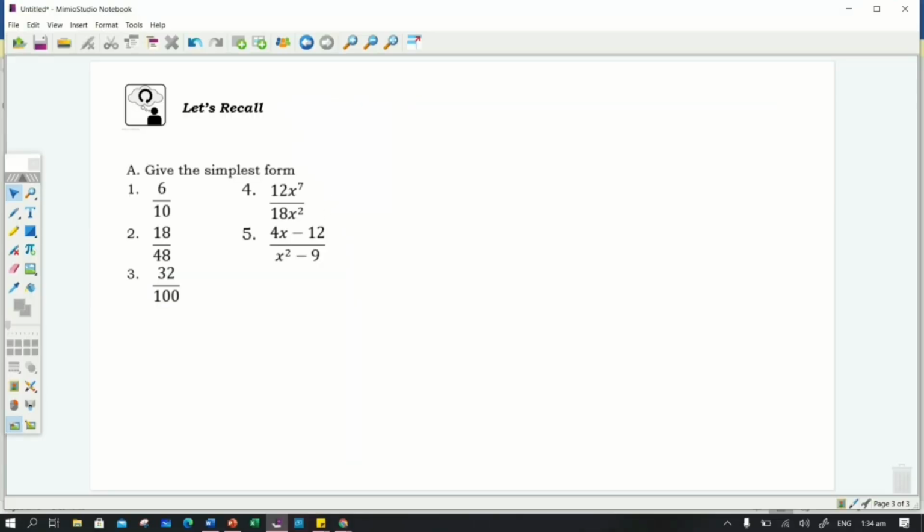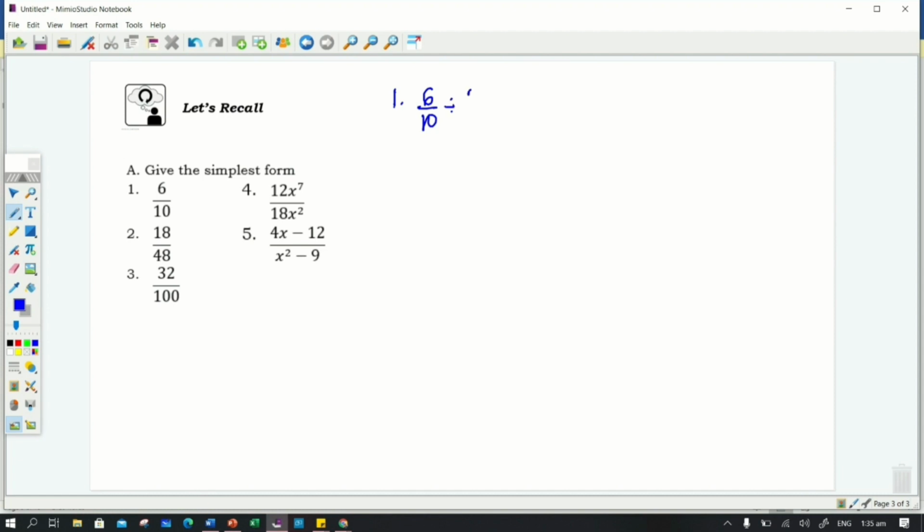In elementary mathematics, our math teacher taught us how to simplify fractions. Okay, so this is one of the prerequisites in understanding ratio and proportion. Okay, so let's start by simplifying these numbers. For number 1, if we're going to simplify 6 over 10, we know that these are divisible by 2.